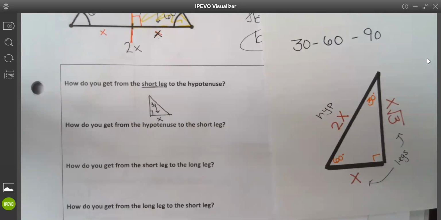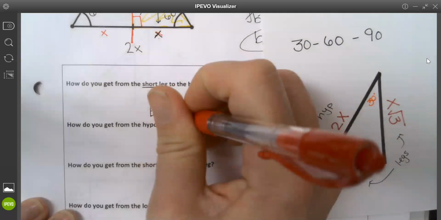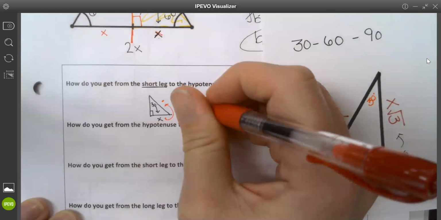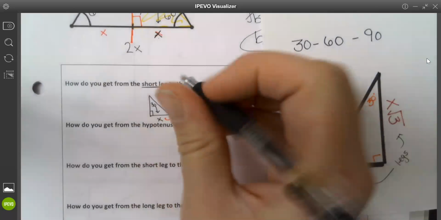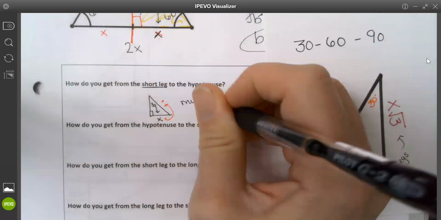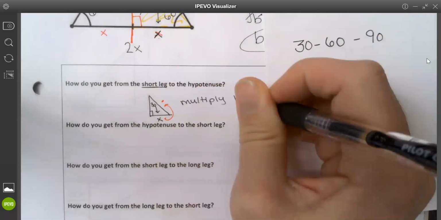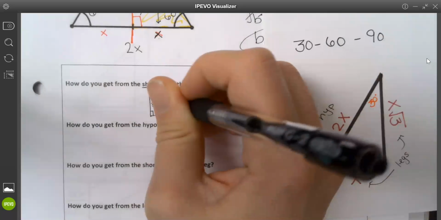If I want to get from the short leg to the hypotenuse, what's the relationship between them? I'm taking x and multiplying by 2. Exactly. So to get from here to this length here, I multiply by 2. That's not too bad to do. This side is 2x.